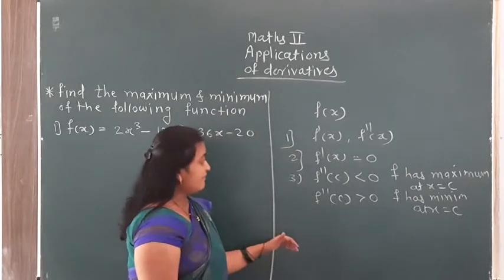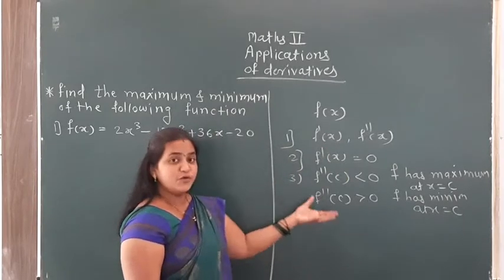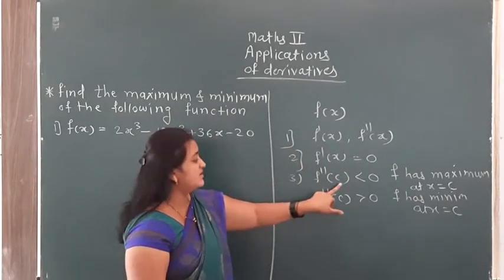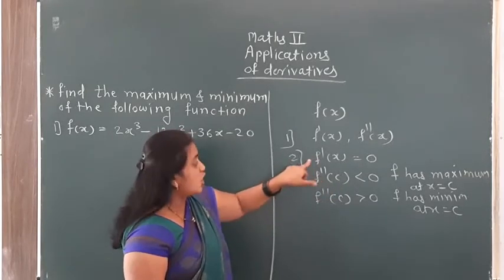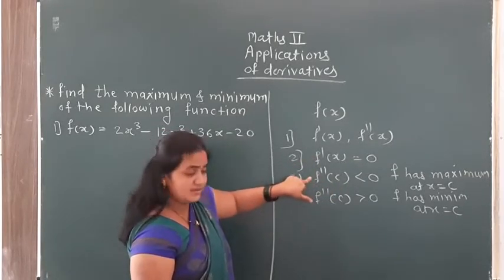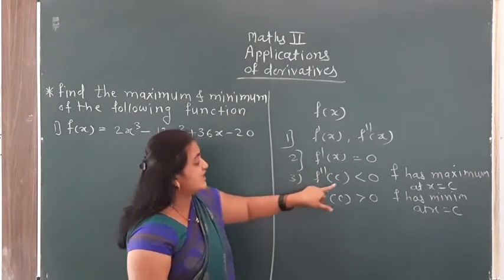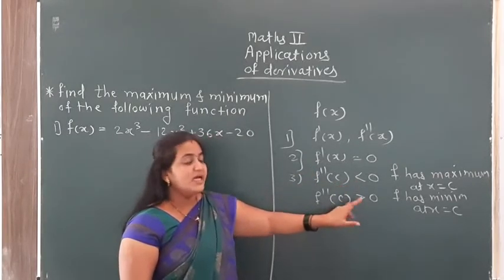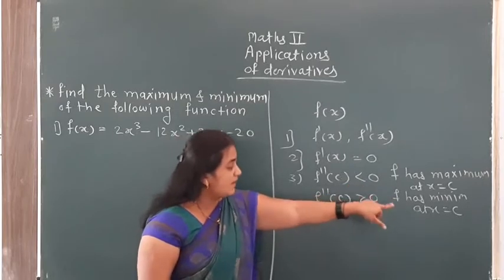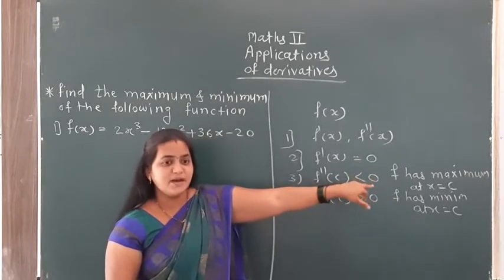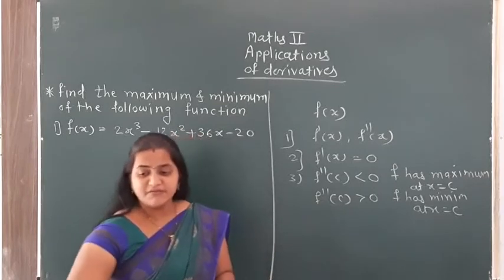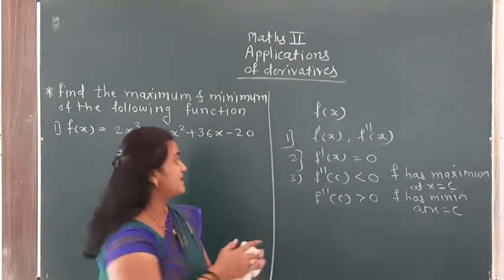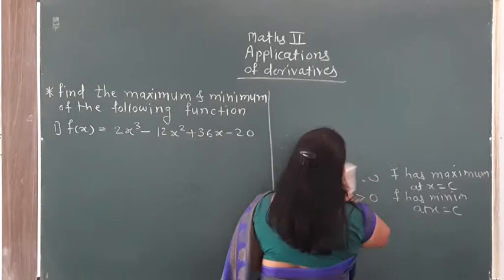Then suppose there is another root of this equation. Suppose c1 is the first root and c2 is the second root. Again we substitute c2 in f double dash and check whether it is greater than or less than 0. If greater, it is a minimum; if less, it is a maximum of the function at that point.